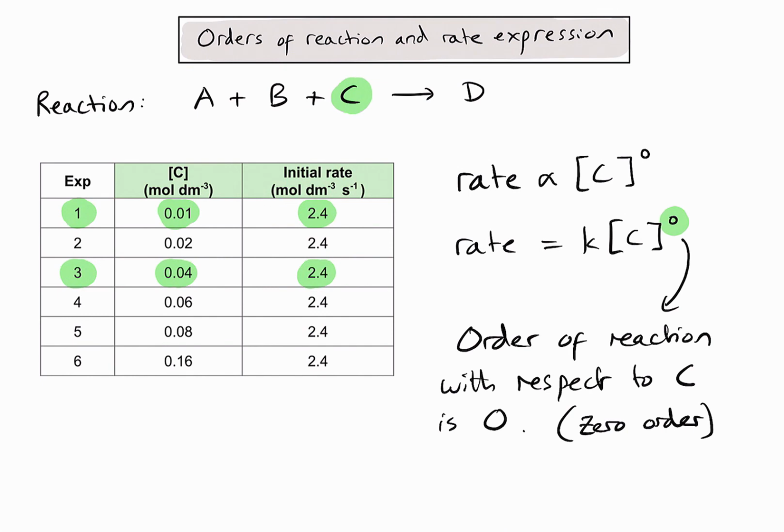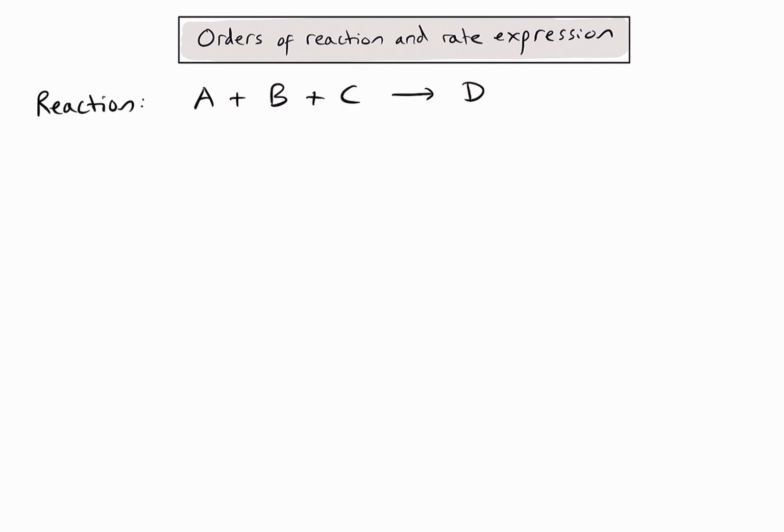Finally, we can consolidate the information that we have identified from our data in something called a rate expression. So let's quickly recap the information we've identified so far. The order of reaction with respect to A was 1, with respect to B was 2, and with respect to C was 0.